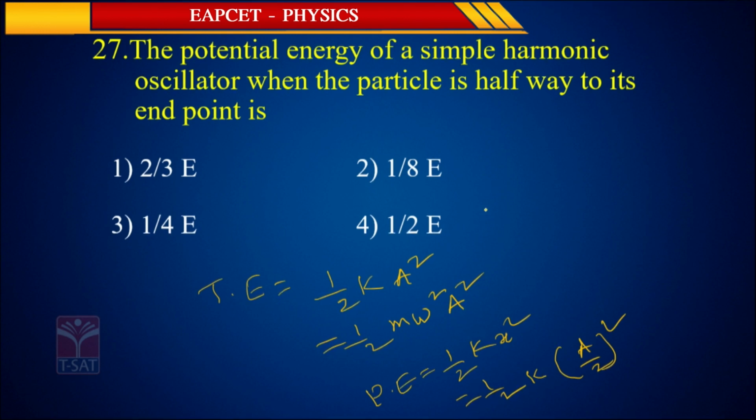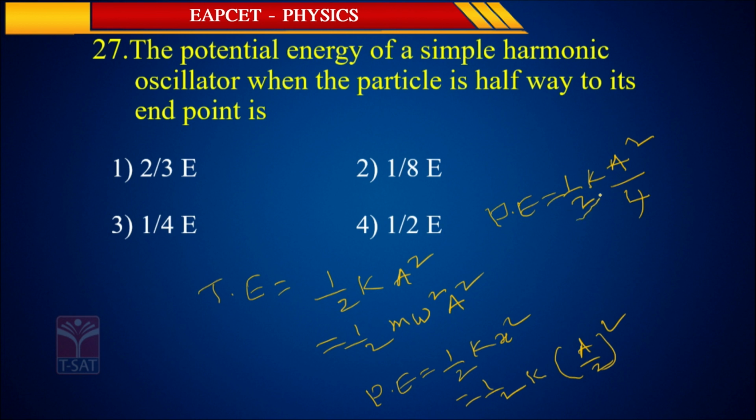Then what is the equation? Potential energy is equal to 1 by 2 K a square by 4. Therefore, 1 by 2 K a square is the total energy.